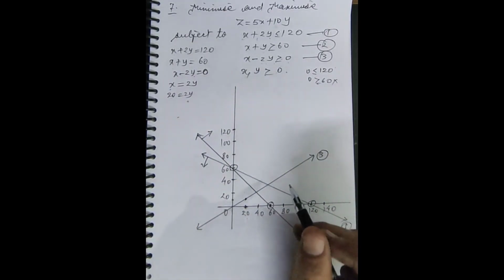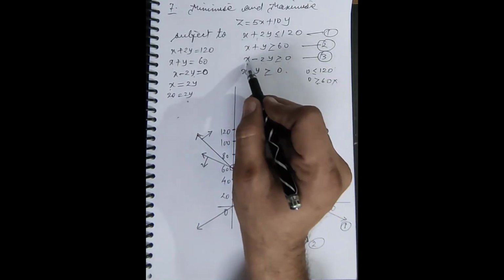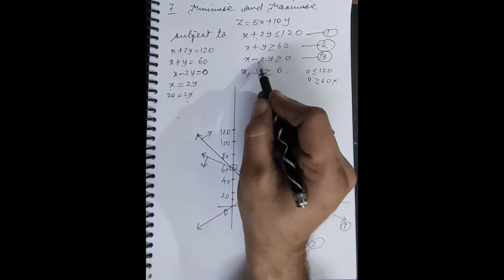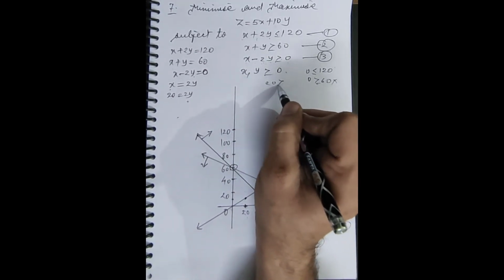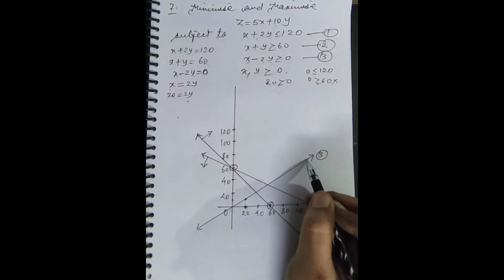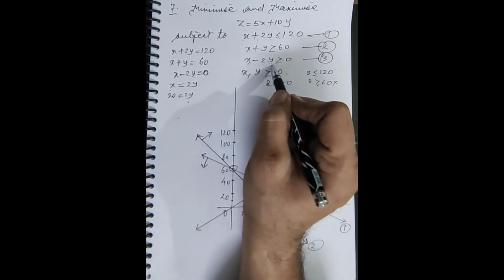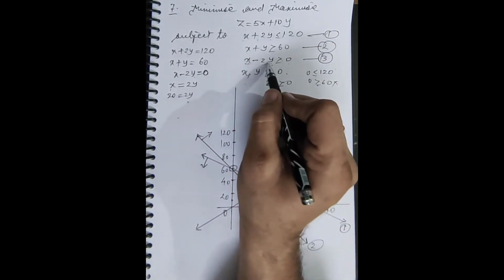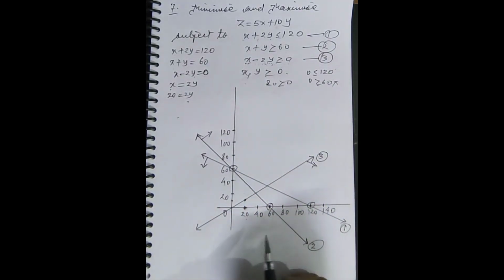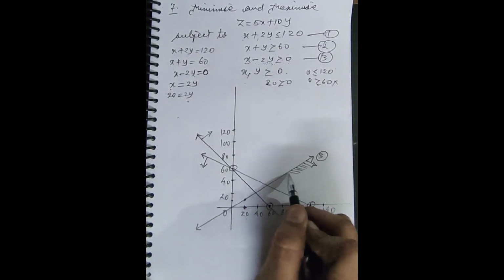If I put (20, 0), 20 minus 2 into 0 gives 20 minus 0, so 20 is greater or equal to 0, a correct statement. So this line's shading will go towards the x-axis. We can check for y also: (0, 20), 0 minus 2 into 20 becomes minus 40 greater or equal to 0, which is a wrong statement. So we have to move towards the x-axis only. So let's shade this side.